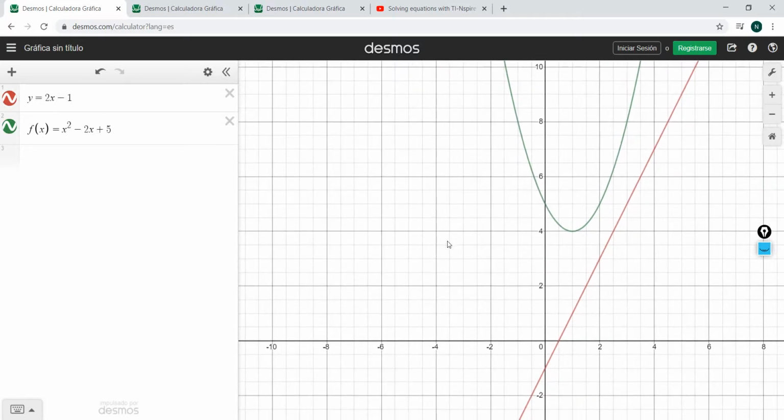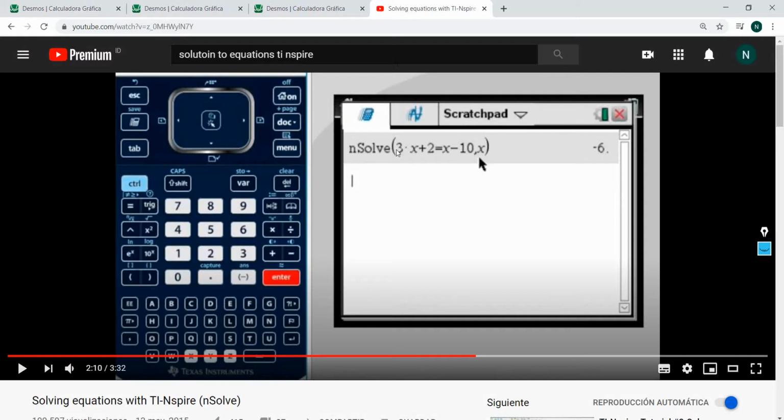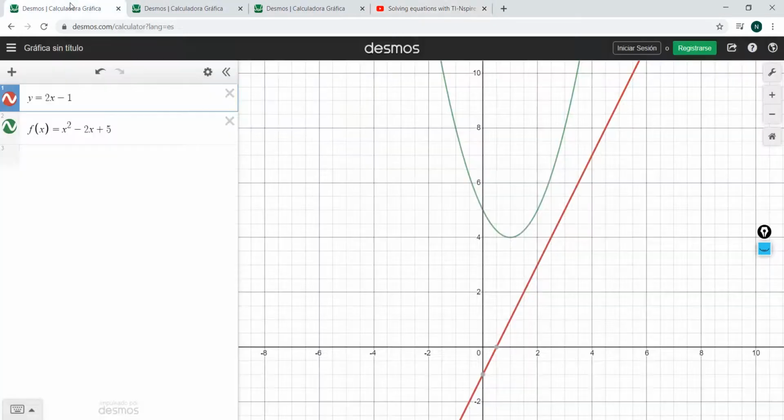So suppose you have this, and the question is, can this help you solve equations in one variable? Can this graphing calculator, whether Desmos or the TI, which is also a graphing calculator, you will see in a moment how to use it. So can this sort of software help you in the solution of equations with one variable? And the answer is yes.